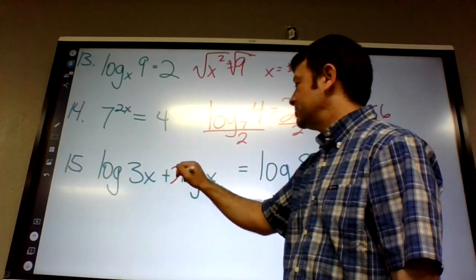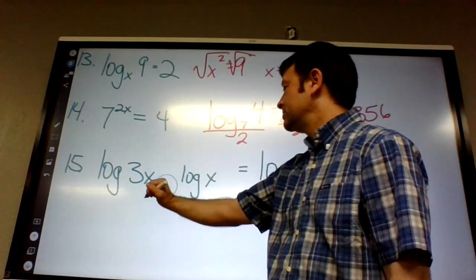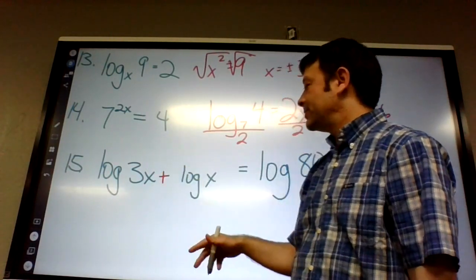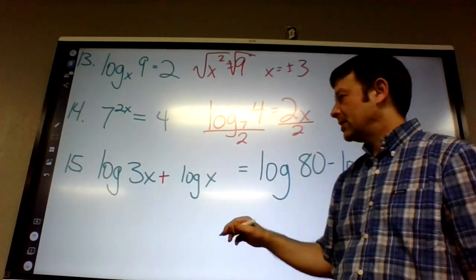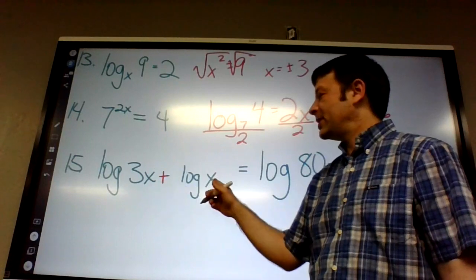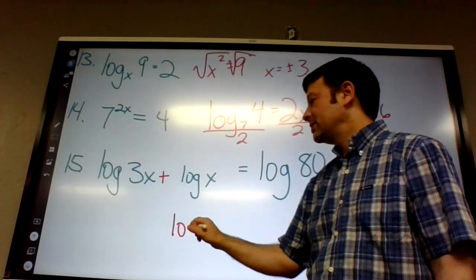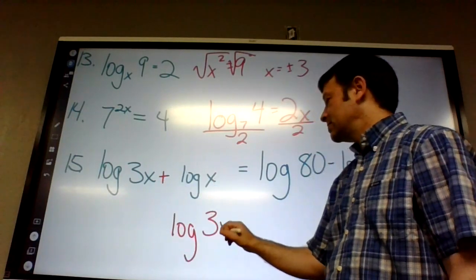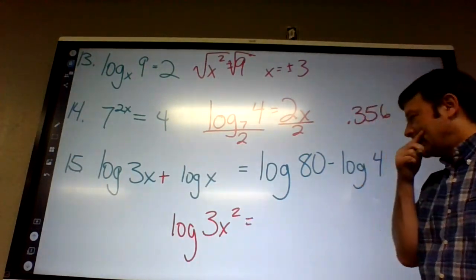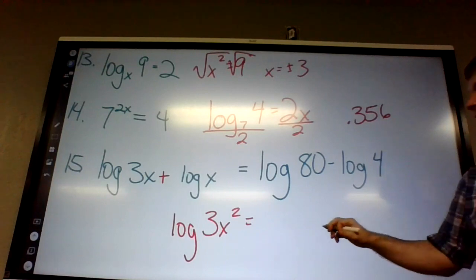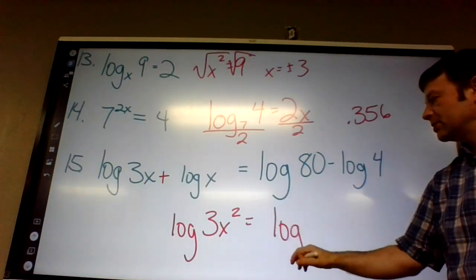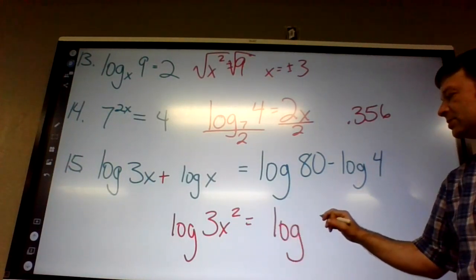How do we put these two together? Multiply. 3x times x. Okay, how do I put these two together? Divide. What's 80 divided by 4? 20.